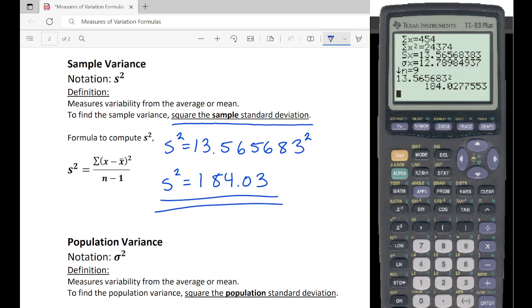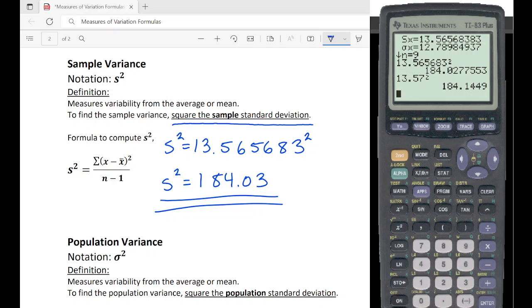Now again, I said it's best to use the longer one instead of the rounded answer we used before for the sample standard deviation. The reason for that is if we had done 13.57 squared, we would get pretty close to the answer, except it's going to be off by just a little bit, but that's enough to throw the whole thing off and give you a wrong answer.